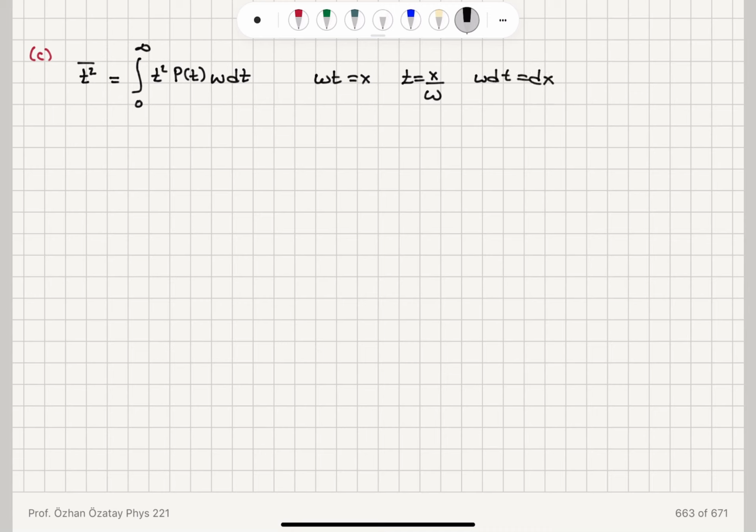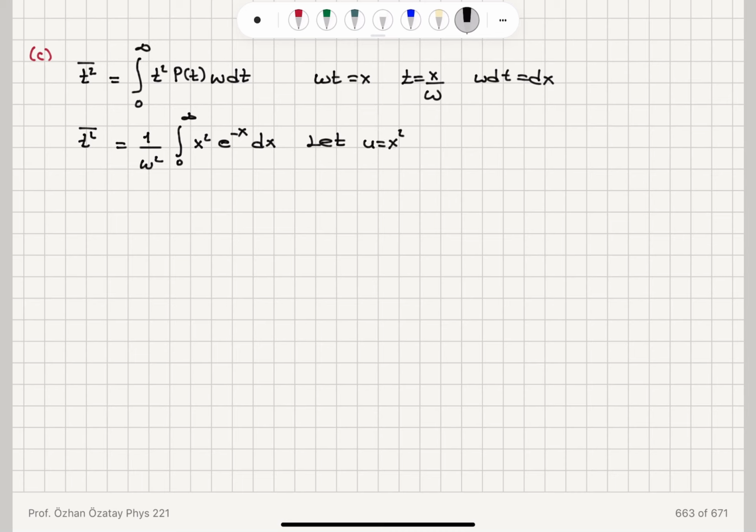With that transformation, t square is x square over omega square, so this is 1 over omega square, integral from 0 to infinity x square e to the minus x dx. So we will use integration by parts again.